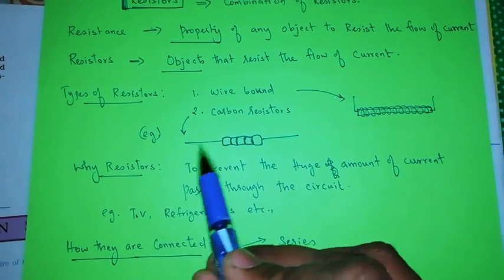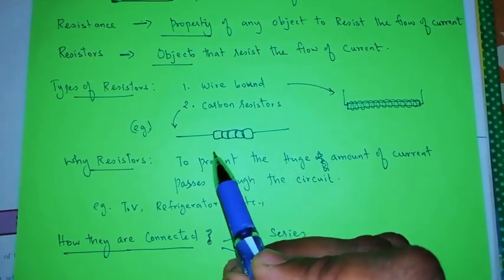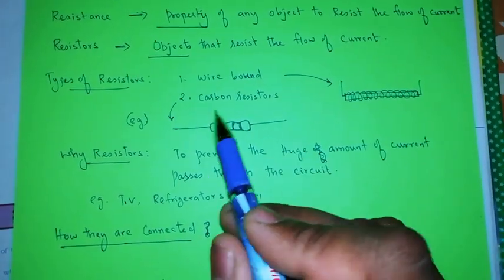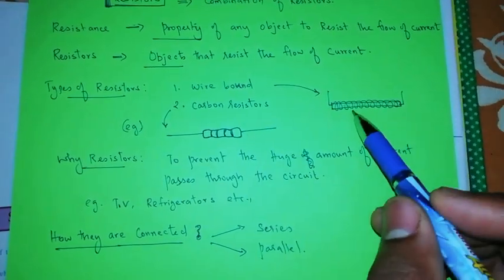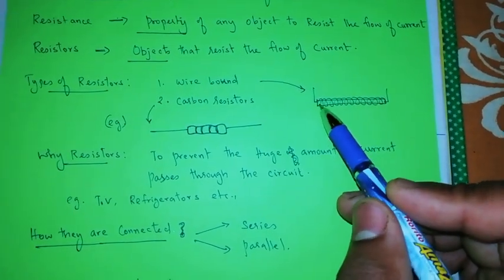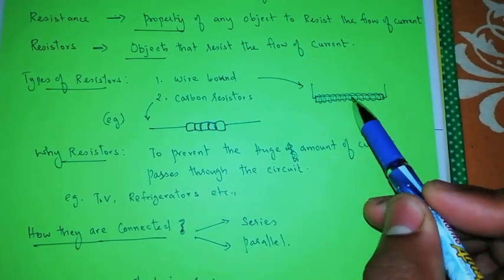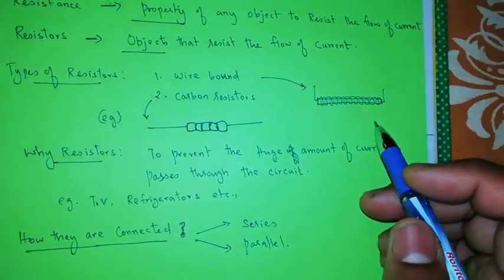You can see these kinds of resistors inside the circuits of a TV, refrigerator or some other electrical appliance. These are wire bond resistors, where lots of wires are wound on metal.